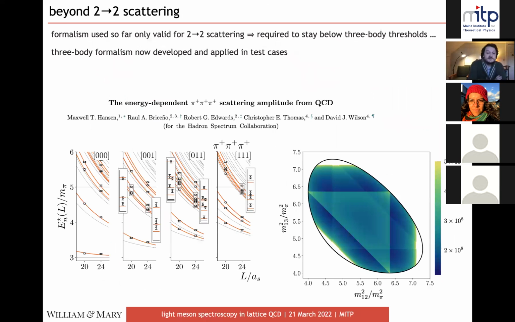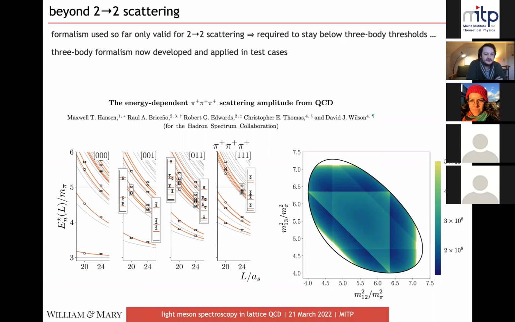Now, everything I've shown you so far is systems of two mesons, and we of course need to go beyond that. Most interesting resonances decay into three-body or higher final states. The way the finite volume formalism works is if a three-body final state is kinematically open, you can't ignore it.